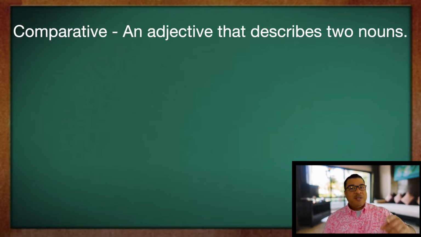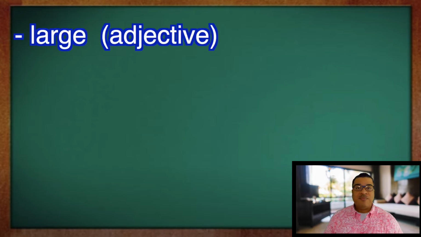Okay, now that we understand adjectives, let's talk about comparatives. So basically, with comparatives, you take one adjective and you compare two nouns. I will give you some examples. Let's take a look at the adjective large. So we have the one adjective. Now we need to compare two nouns.